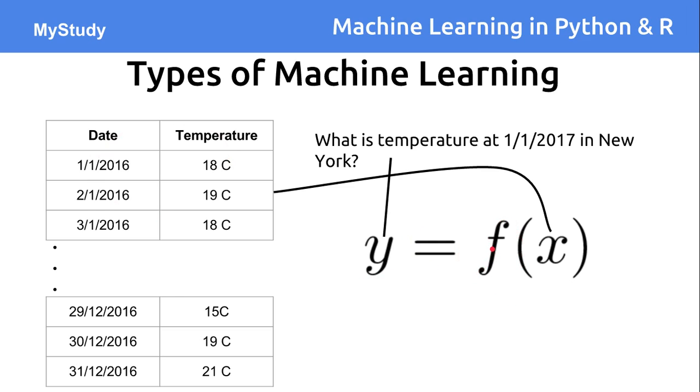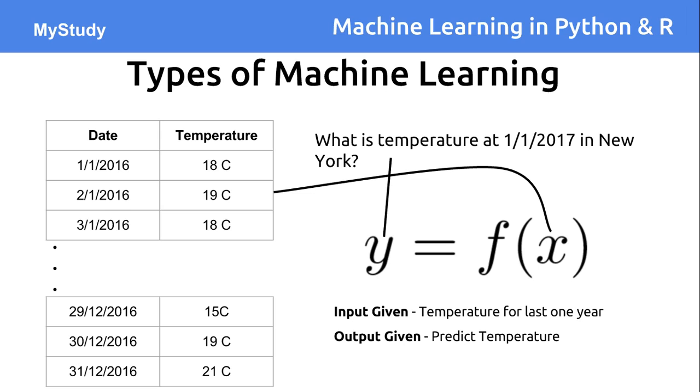Now once new data is given to you, that is a new date, 1/1/2017, your job is to predict the temperature of New York City. That will become your testing set output. So the input is the date, the output is the temperature, and as you have observed, the output is a continuous real value here.